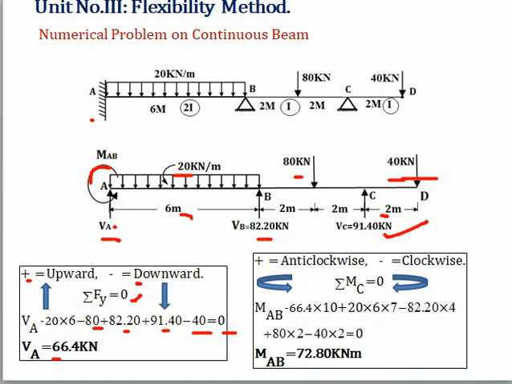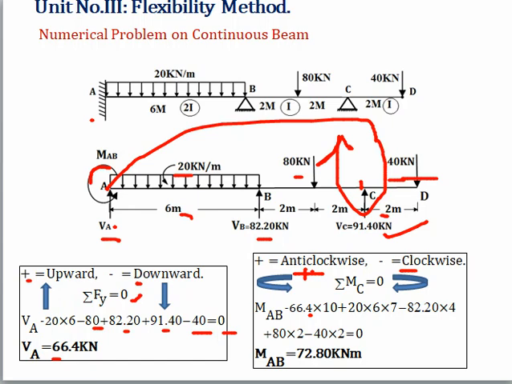Now find out the moment MAB. For that, let's consider moment about C. Let's take clockwise moment as negative and anti-clockwise moment as positive. First is MAB rotating in anti-clockwise, positive sign. Next is VA, rotating in a clockwise sense about C, so minus 66.4 into lever arm 6 plus 2 plus 2, that becomes 10, so minus 66.4 into 10.